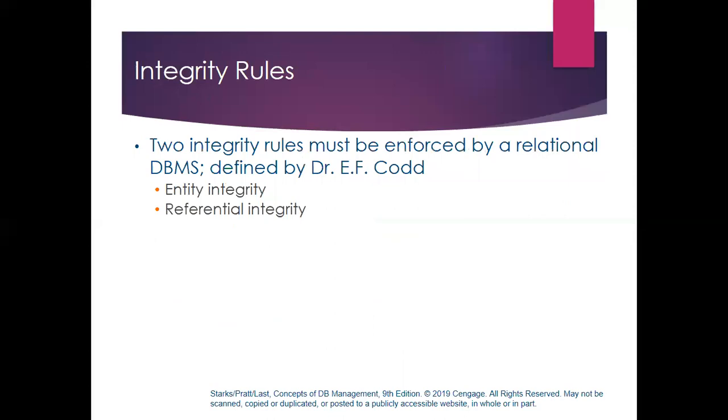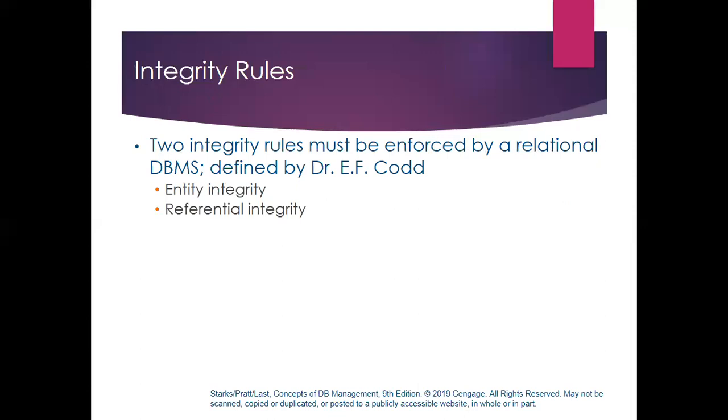An integrity rule is a constraint put in place to prevent users from making errors when editing a database. A relational database must enforce two integrity rules. These rules were defined by Dr. Edgar Codd.